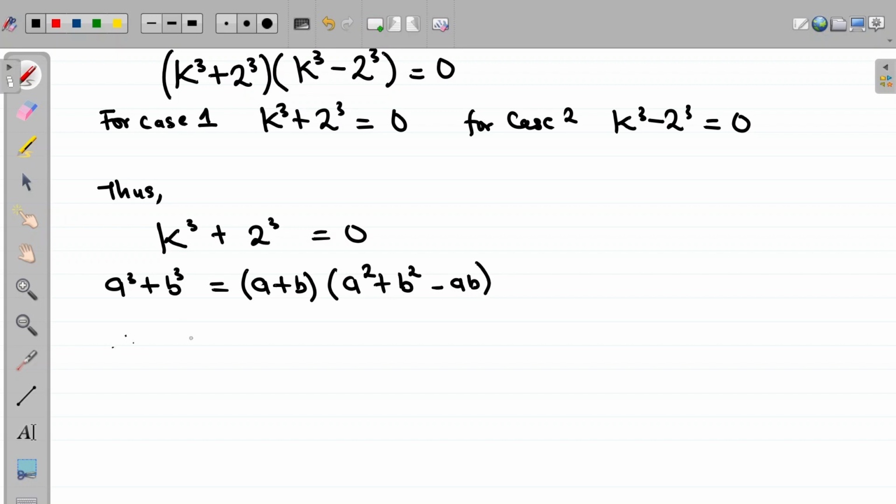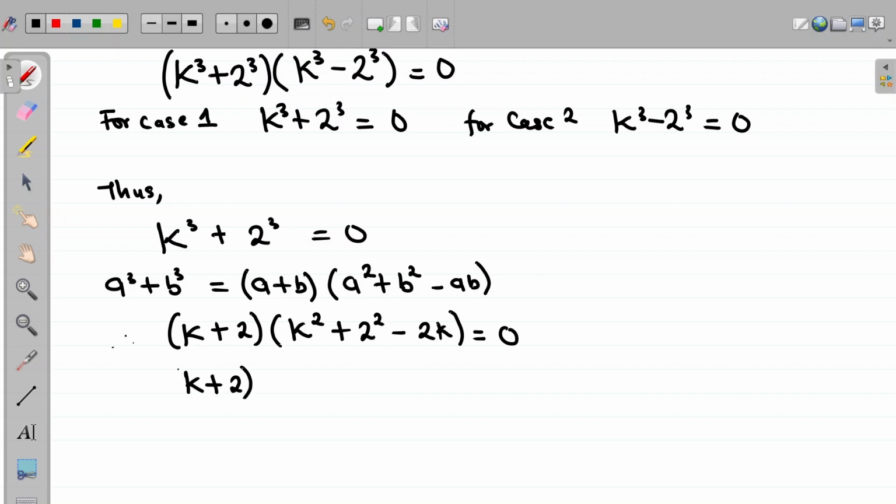Therefore, our equation becomes k plus 2 multiplied by k squared plus 2 squared minus 2k equal to 0. Our equation can be simplified as k plus 2 multiplied by k squared minus 2k plus 4 equal to 0.